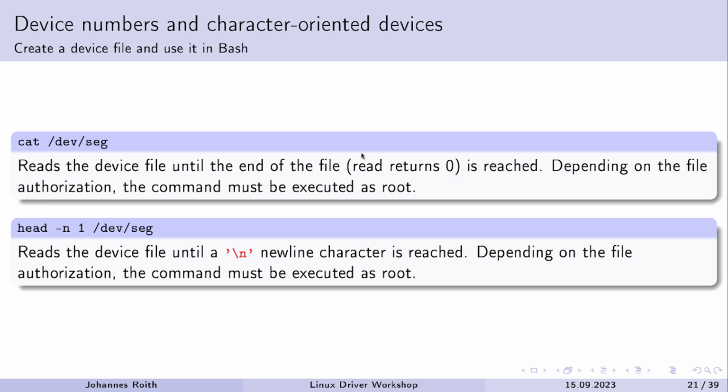And to have this, we would have to use the offset in the file. And depending on the file permissions, you may have to run this command as root. And if you just want to read out a line until the next new line character, you can use head -n1, so reading out one line from the file /dev/sec. And also depending on the permissions, you have to run this as root.